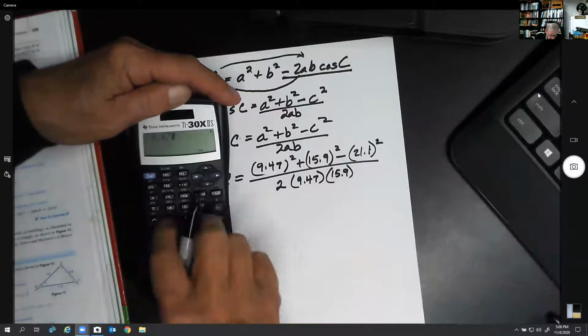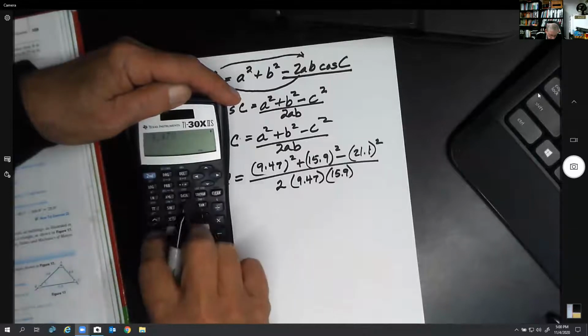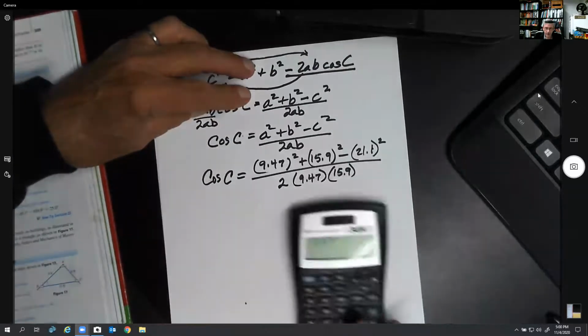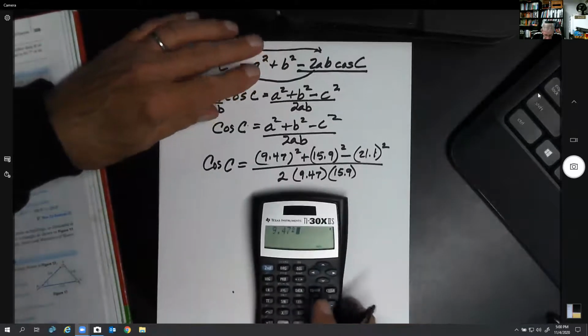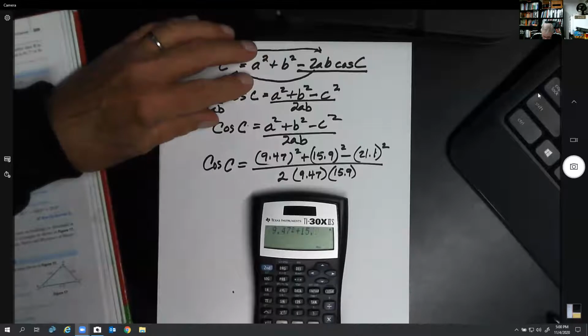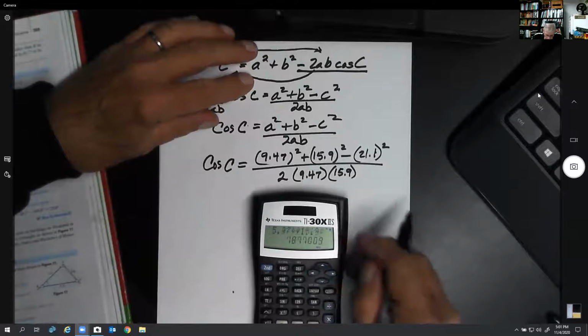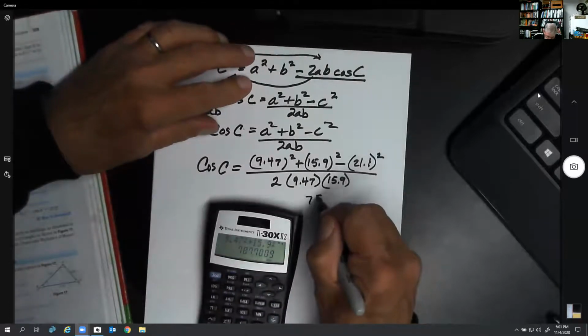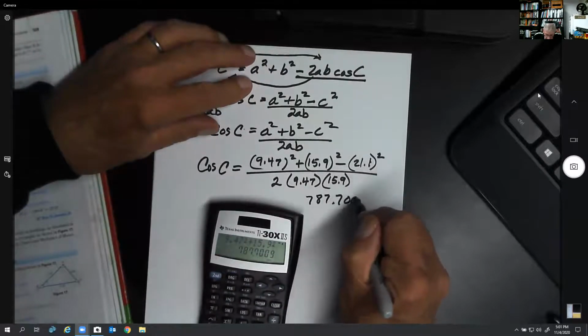9.47 squared. Let me put it over here so you can see. 9.47 squared plus 15.9 squared plus 21.1 squared. So the top came out to 787.7009.